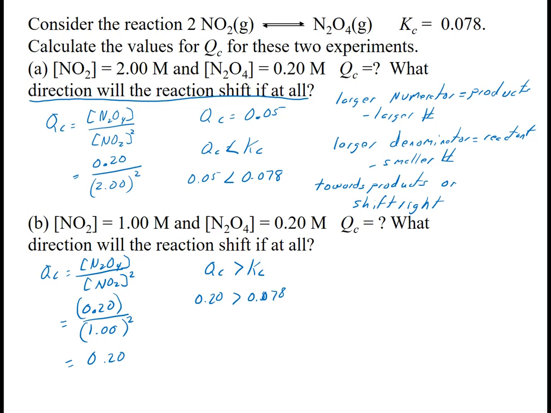I want to make this number smaller to equal KC. If the number's smaller, that means I need to increase my denominator, which means it shifts left, or towards the reactants.